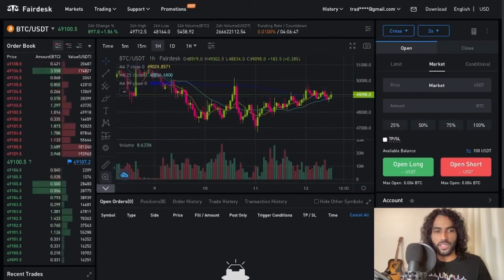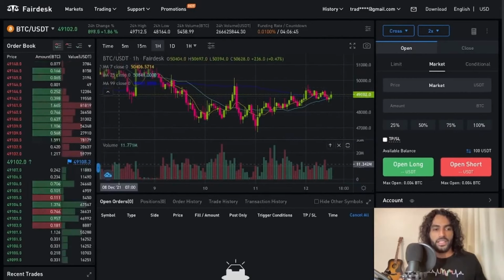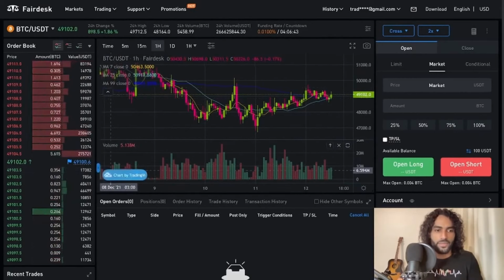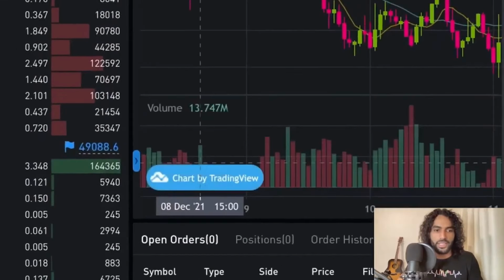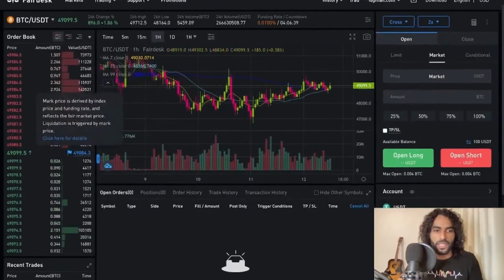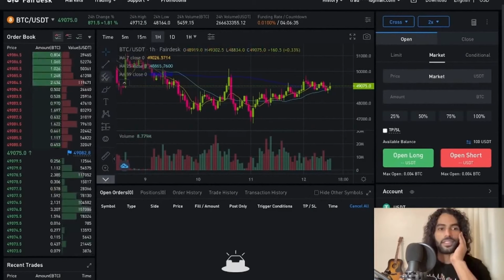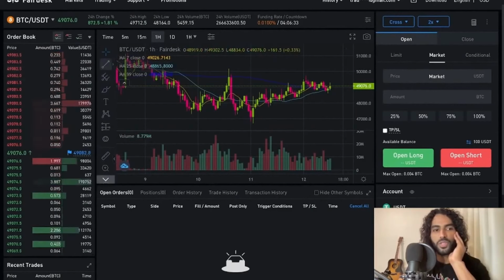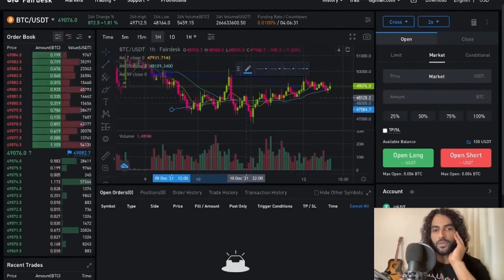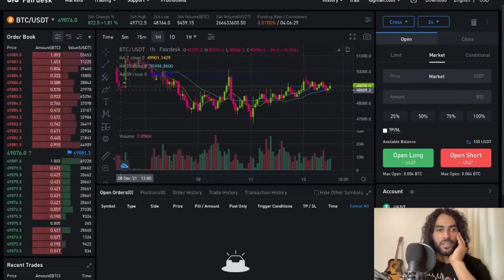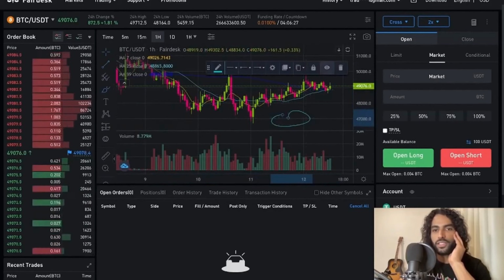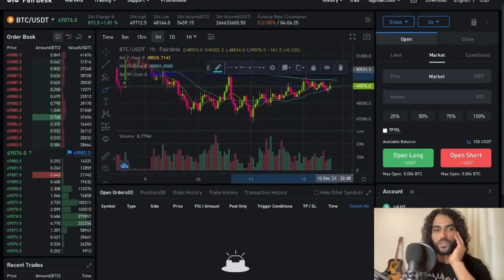When you click this sign here, you can have all the settings for TradingView. Here you can draw an ascending line. You can draw the resistance and the support.